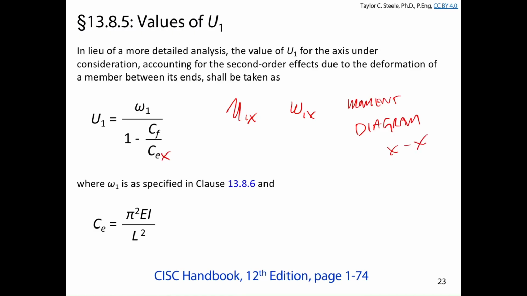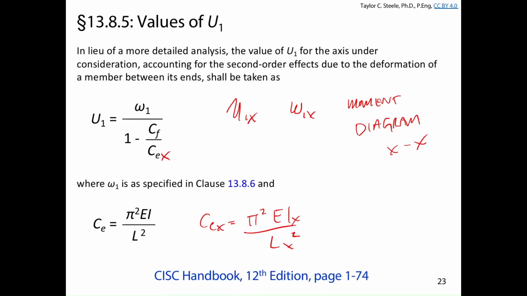And we're going to calculate CE about the strong axis. So CEX would be pi squared E IX over LX squared. And if we're going to do the same thing for Y, then we'd use the moment diagram for weak axis bending, CEY, and then IY and LY for the buckling about the weak axis.